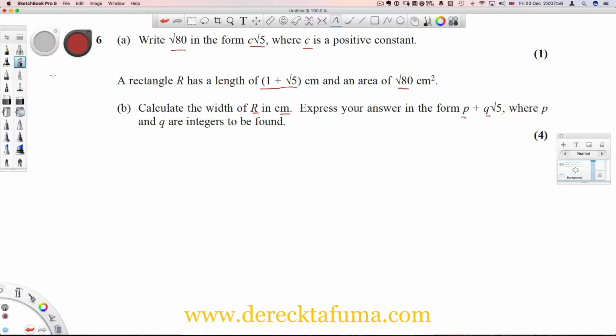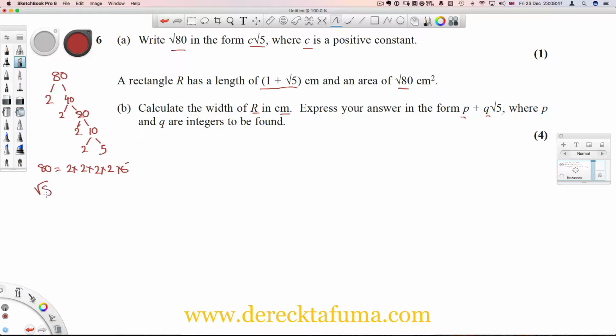Okay, so to express root 80 in terms of c root 5, all we do is write 80 divided by 2, we get 40, divide 40 by 2, we get 20, divide 20 by 2, we get 10, divide 10 by 2, we get 5. So that means 80 is equal to 2 times 2 times 2 times 2 times 5.